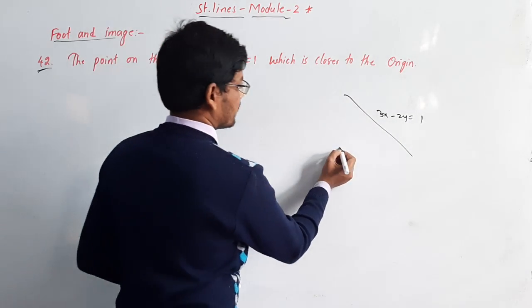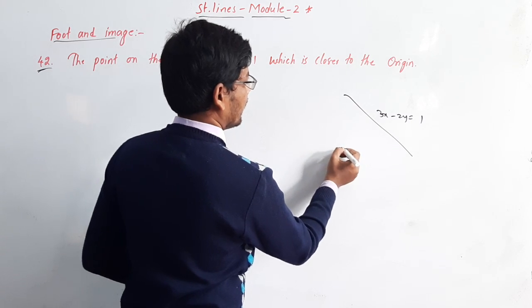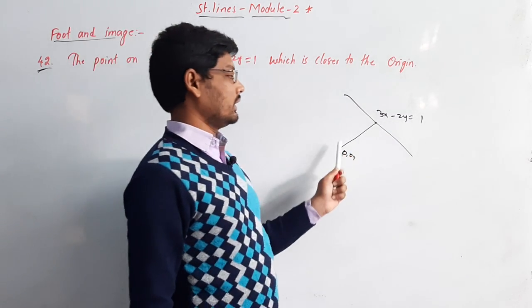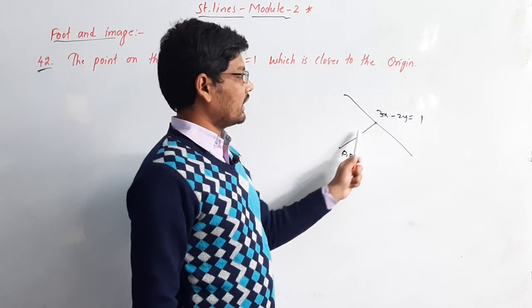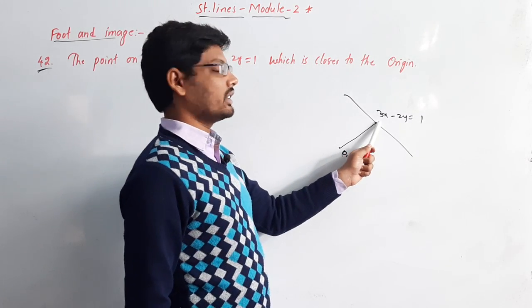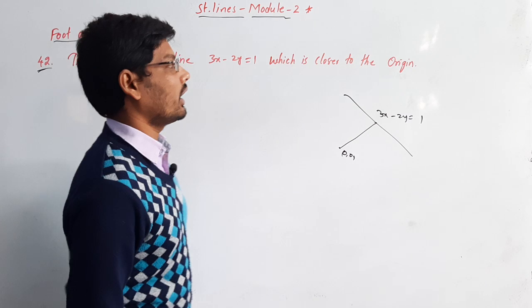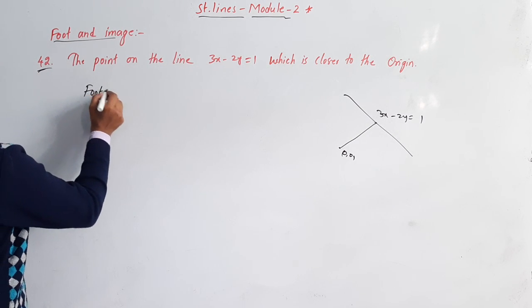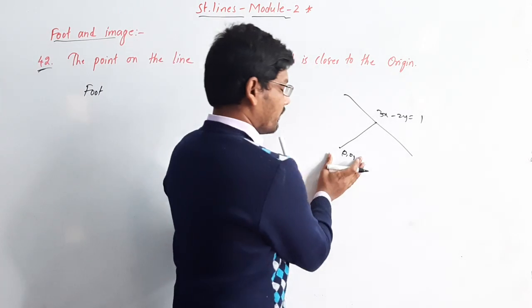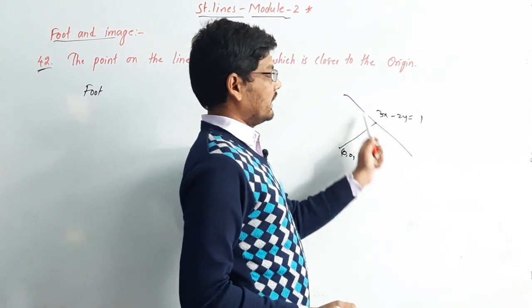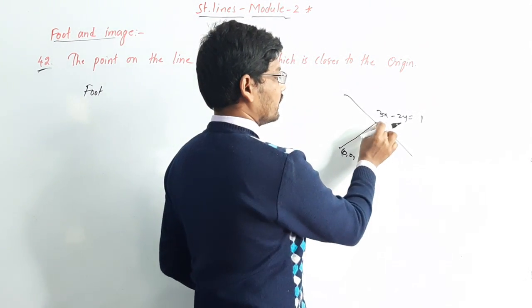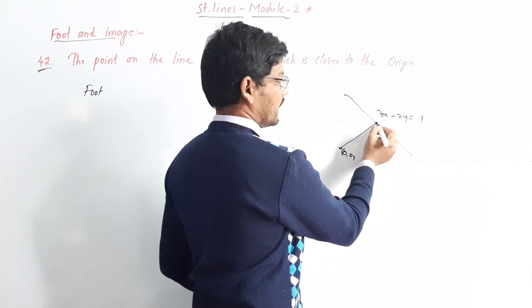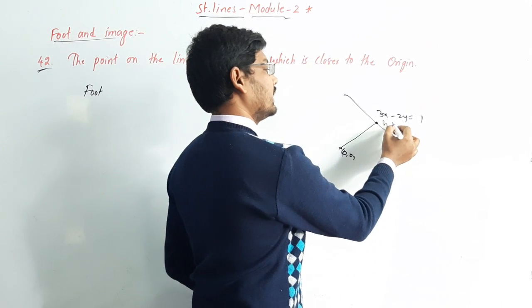For example, say this is the origin, and the point we have to find is the one closest to the origin, that is the perpendicular distance. Here we have to find the foot of the perpendicular. So the point which lies on this line, from the origin to this line, is called the foot of the perpendicular, that is h comma k.